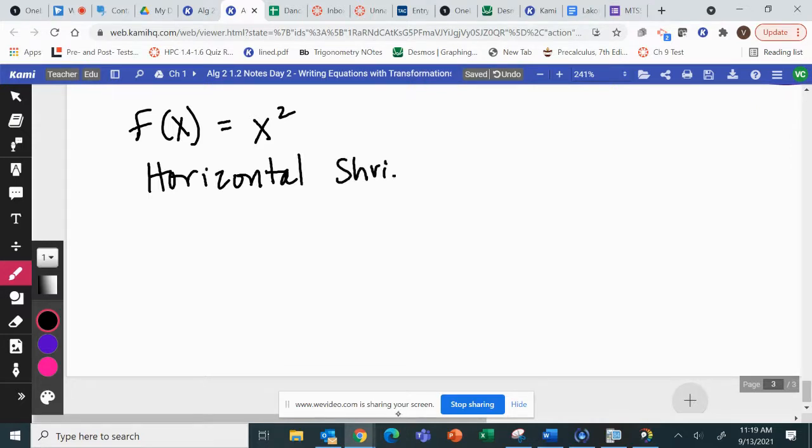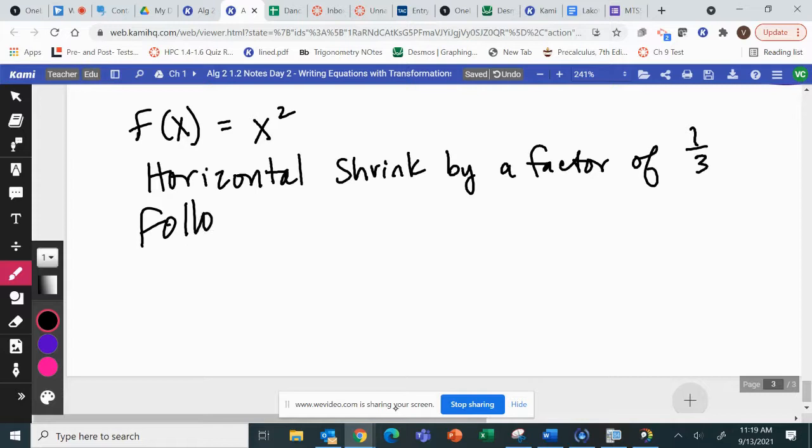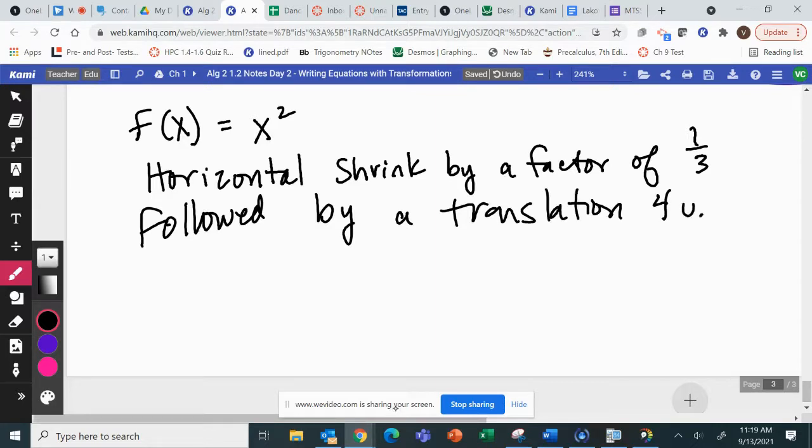shrink by a factor of 1/3, followed by a translation 4 units left.